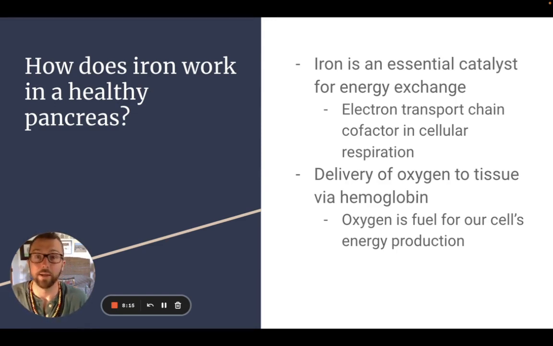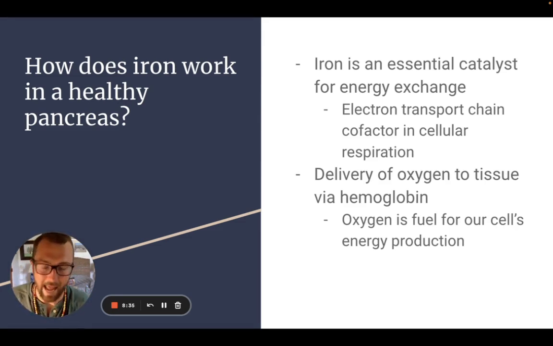Not to mention the fact that iron binds hemoglobin, that's what it's famous for, delivering oxygen to the cells. The oxygen that is delivered to the cells is used in that electron transport chain. So iron is so important.